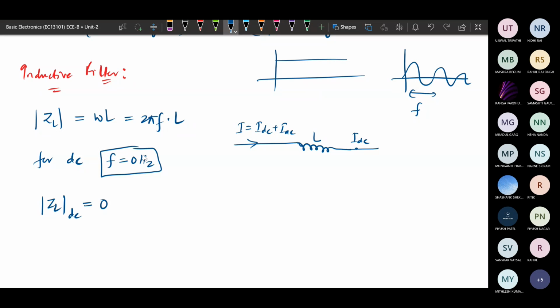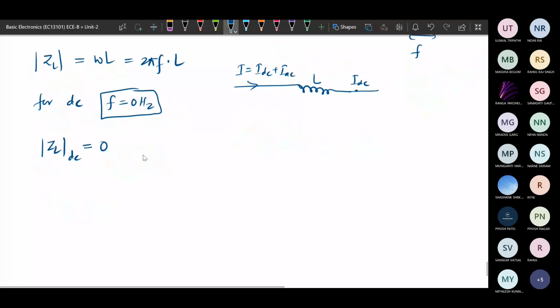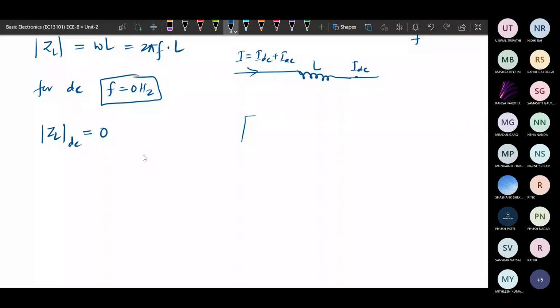Okay, so this is the intuitive part that we will be implementing. In the rectifier we are getting the output. Suppose this is the rectifier. Whatever the output of the rectifier is, we connect an inductor in series with the output, and then the load resistance, and we take the output.